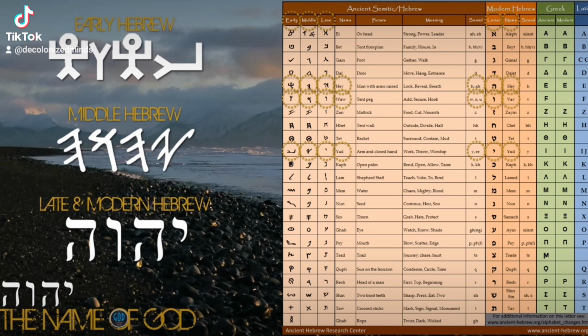But note, early Hebrew began with pictographs in which each letter has meaning of their own, and that practice has continued as well.